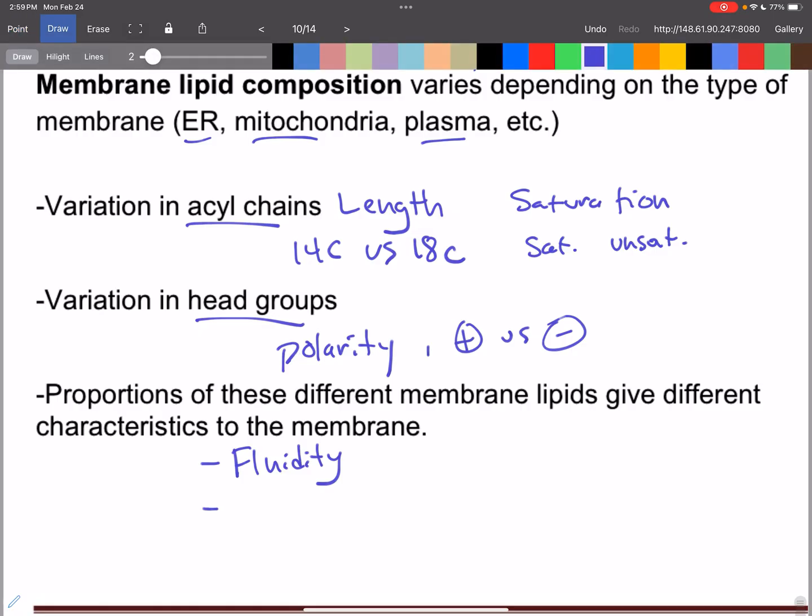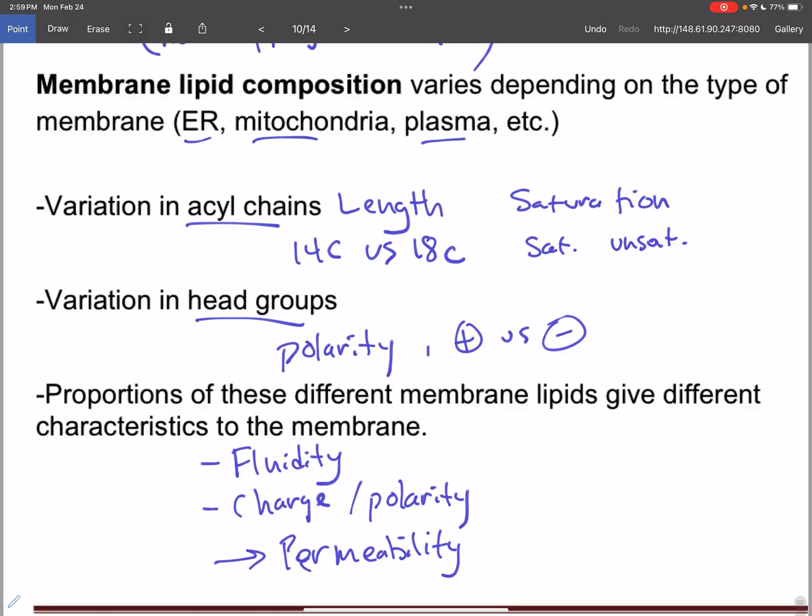You could also alter the charge, right? Positive, negative, or just polar. So charge and polarity of the membrane. And a lot of this will end up having effects on the permeability of the membrane. So how readily do things like gases get through, or polar molecules, small molecules, right?